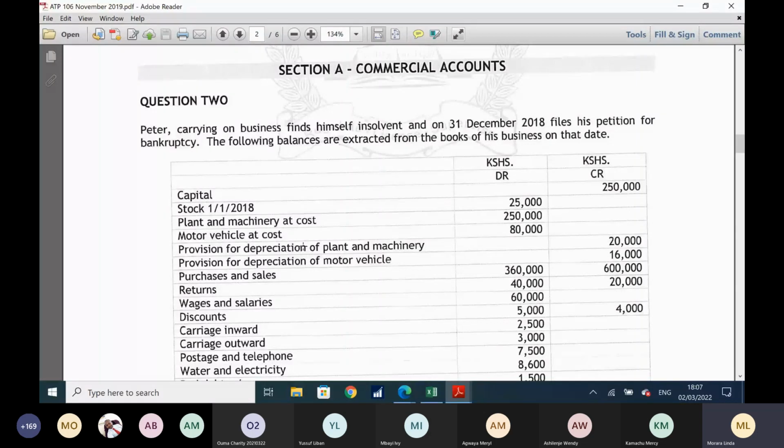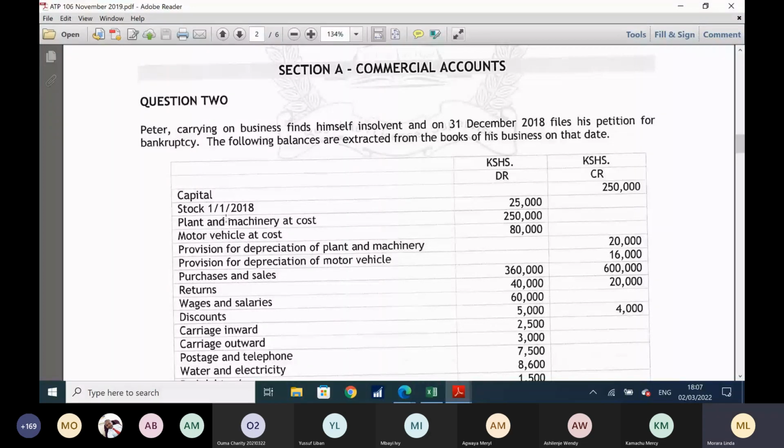This is an entire list of the trial balance. Perhaps it might help, as you're reading through it, to distill it and know that this goes to the balance sheet, this goes to the income statement. So we have capital, we have stock as at the 1st of January, which is our opening stock.